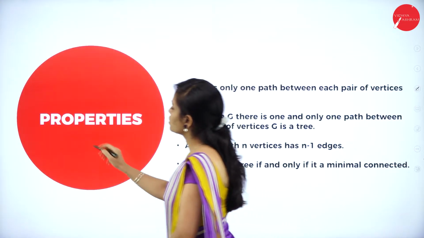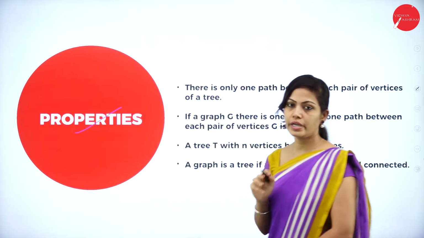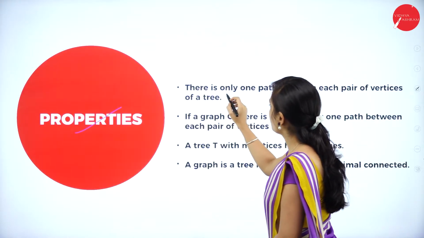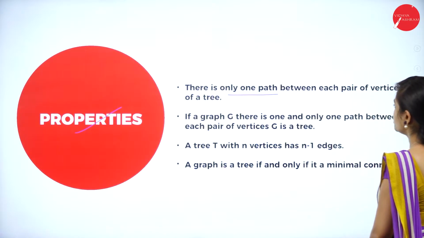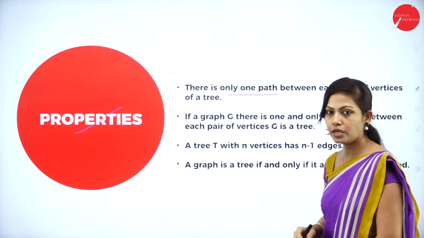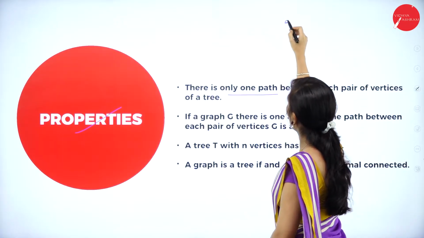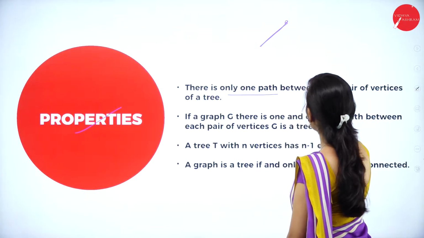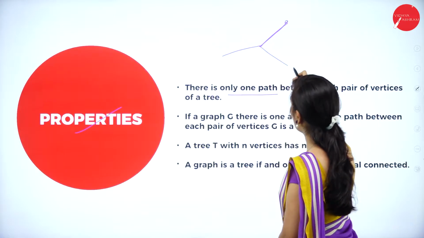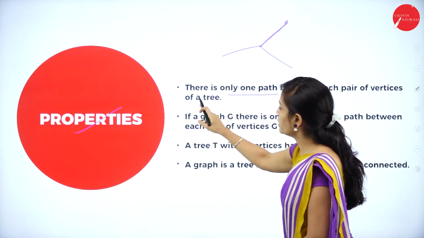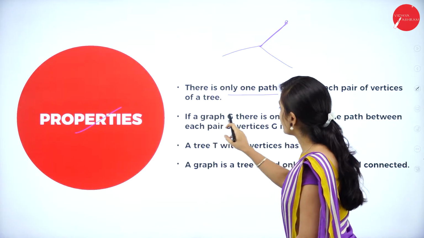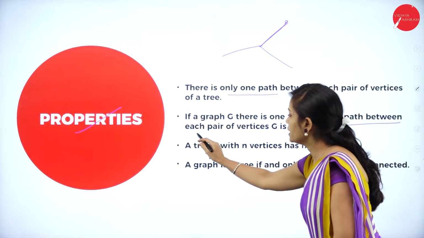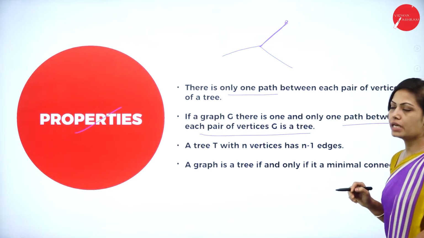Now what are the properties of tree? Very important question: explain the properties of tree. There is only one path between each pair of vertices of a tree. And if in a graph G there is one and only one path between each pair of vertices, G is a tree.